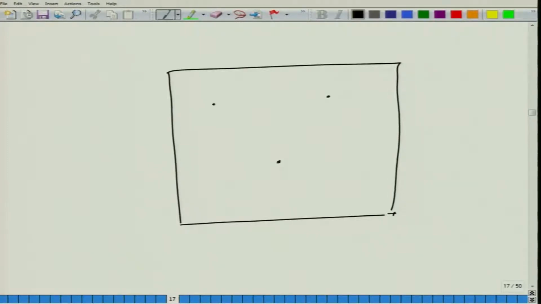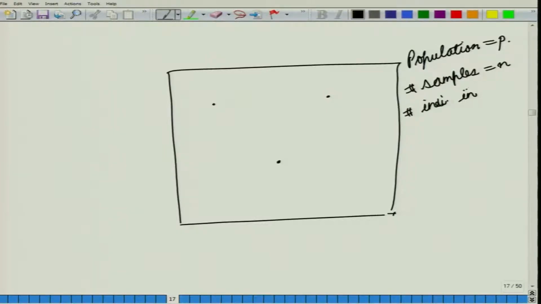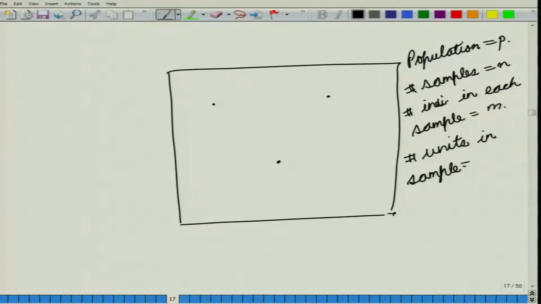So, let us say that your population is P, number of samples is N, and number of individuals in each sample is M. So, the number of units in sample will be M into N, because we have N number of samples and each sample has M individuals.